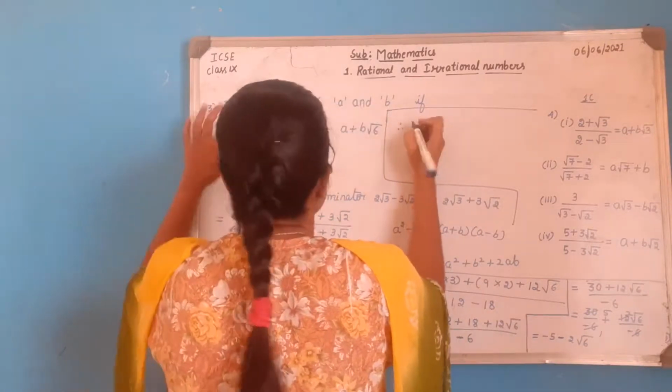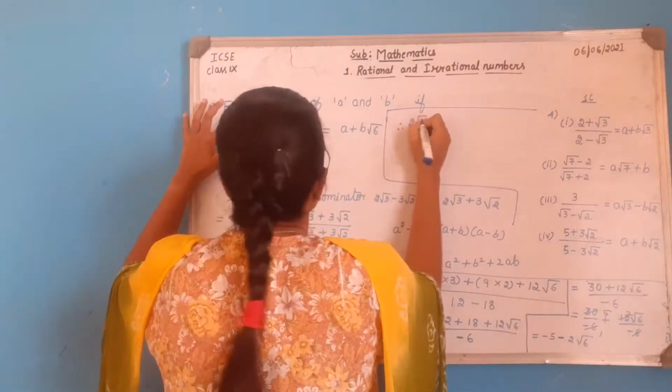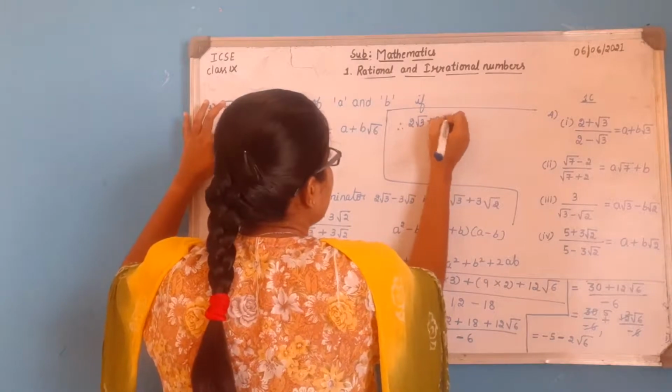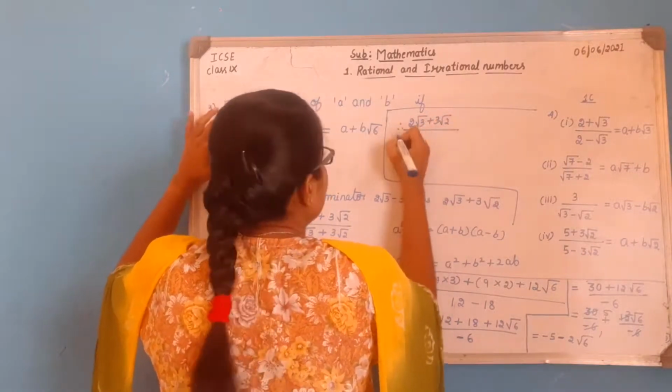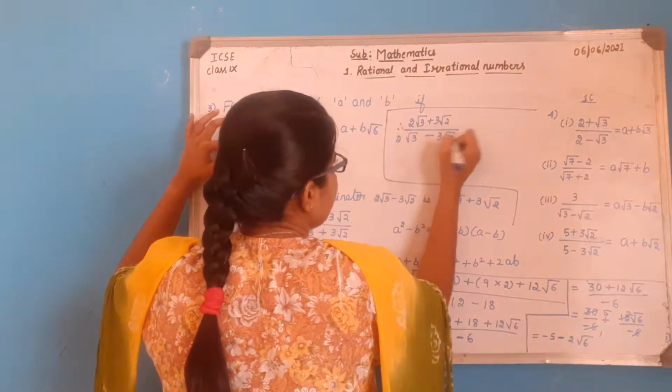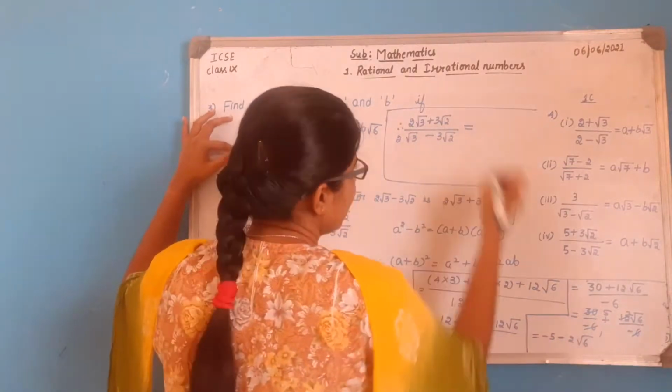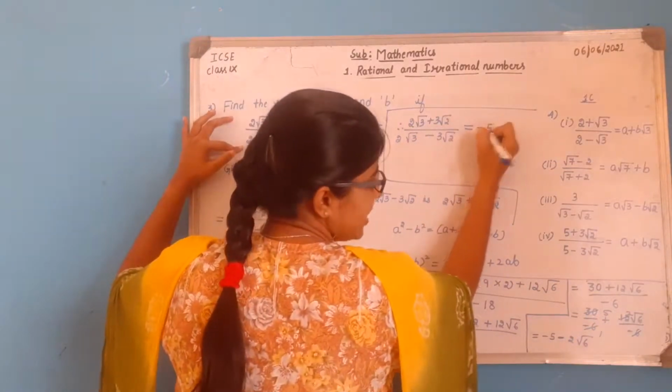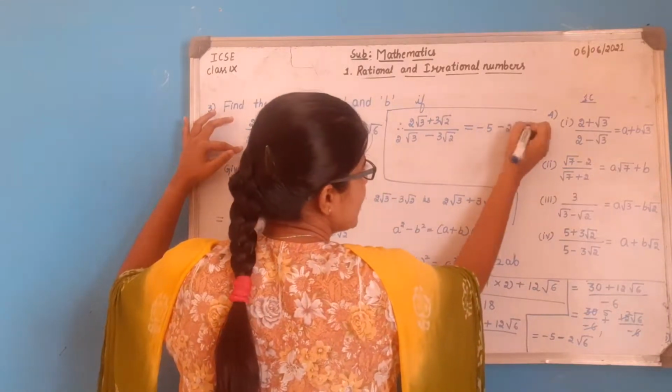Therefore, the given question is (2 root 3 plus 3 root 2) divided by (2 root 3 minus 3 root 2). What is the value we got? After rationalization we got minus 5 minus 2 root 6.